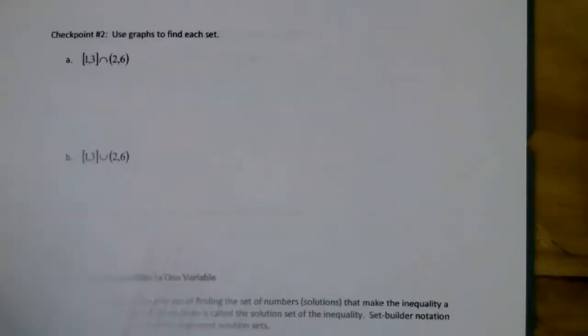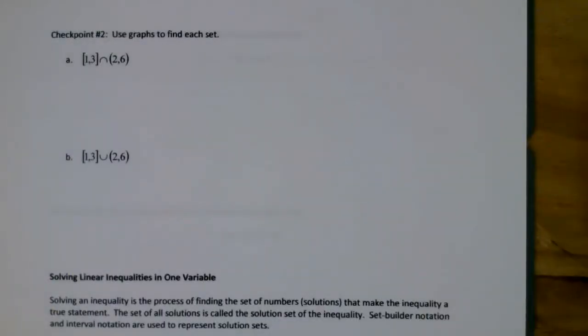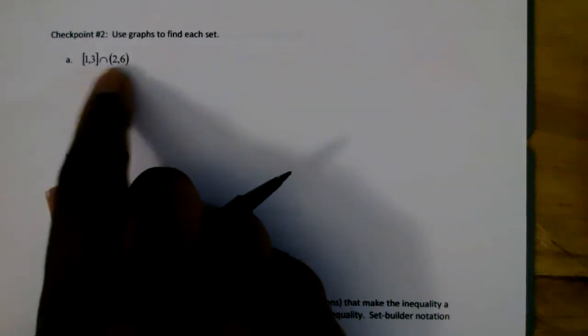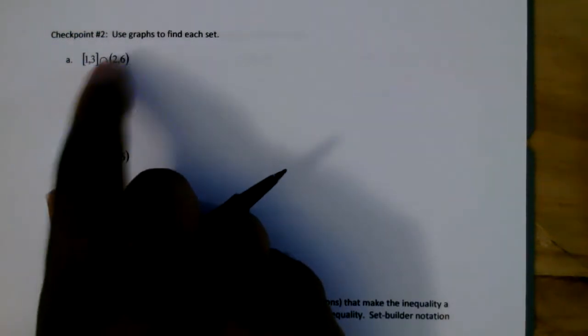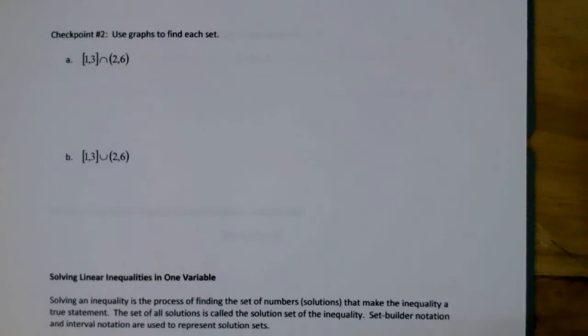Okay, let's look at a couple of examples of this. Let's say we want to use graphs to find each set. In this case, we have the intersection of the closed interval [1, 3] and the open interval (2, 6). So we want to find the interval that represents the intersection.